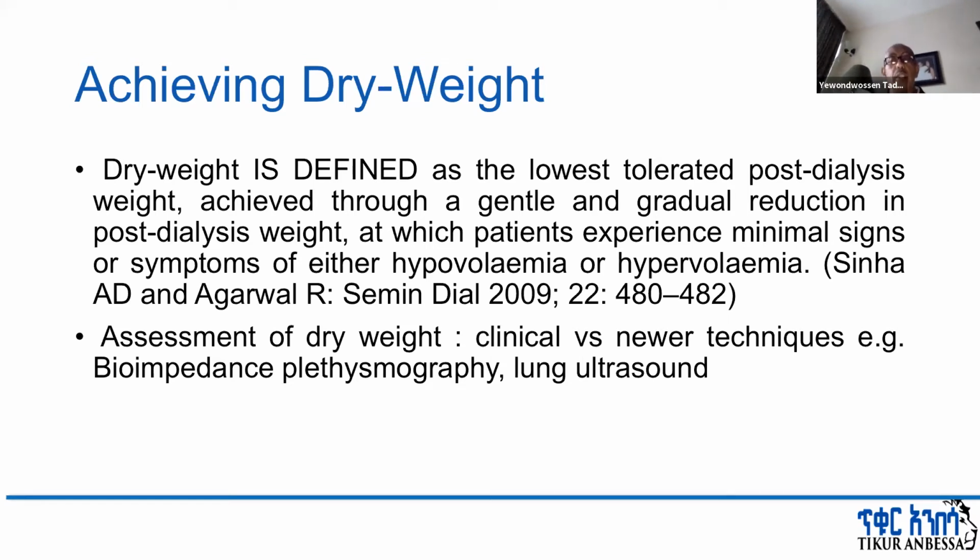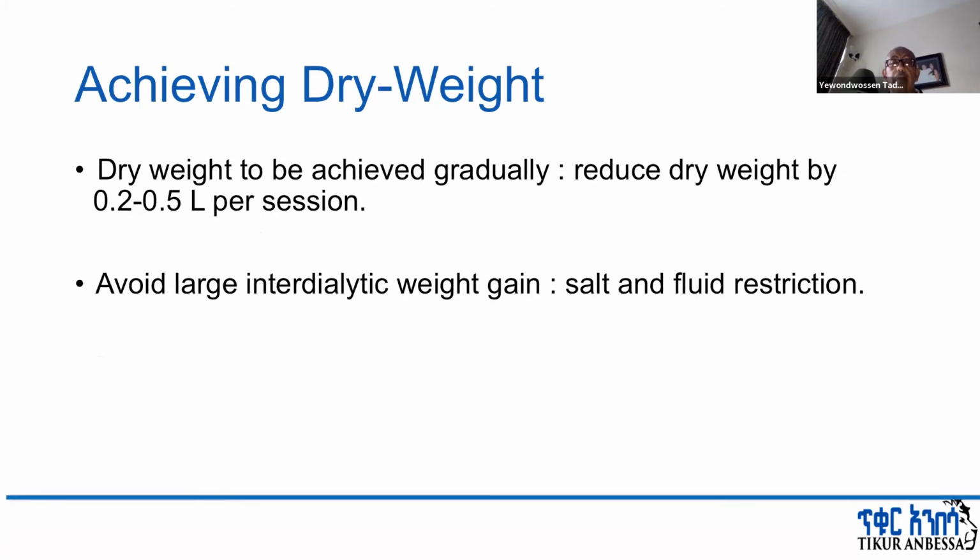There are newer techniques that use biochemical measurements like proBNP, and techniques like the inferior vena cava diameter, bioimpedance plethysmography, and lung ultrasound that one can use to assess dry weight. The newer techniques are definitely better, but they are not easily accessible. So we still fall back on clinical parameters to assess dry weight.